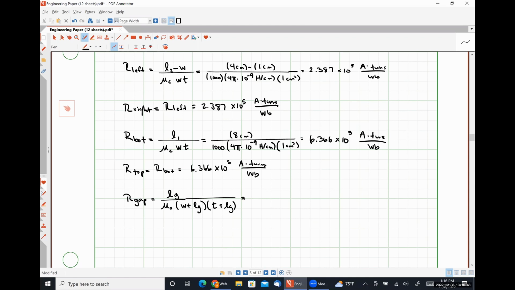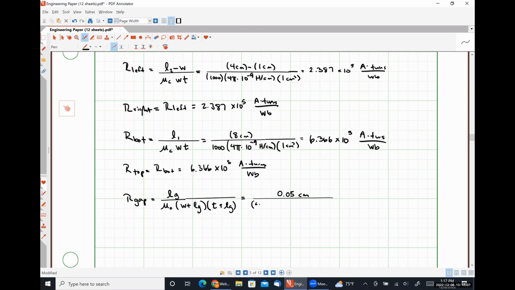So this is going to look like 0.05 centimeters, where I've converted half a millimeter into a 20th of a centimeter so that my units work out nicely.